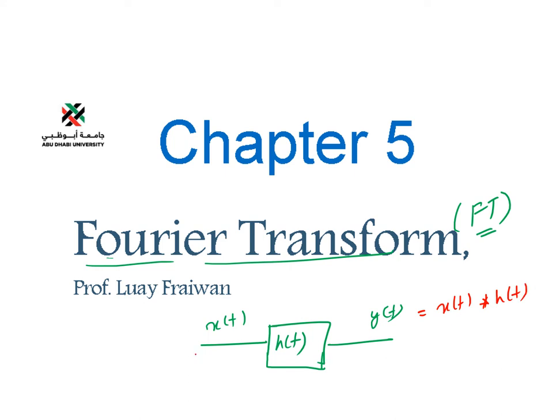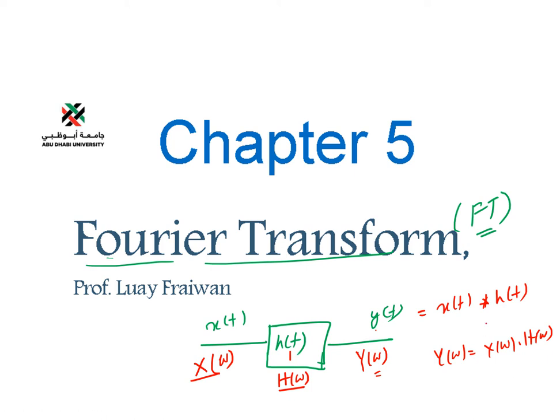But if you calculate the frequency domain representation, let's represent the input using X of omega, the impulse response using H of omega, and the output using Y of omega. We can get the output by just multiplying the input with the frequency domain representation of the impulse response of the system, H of omega.